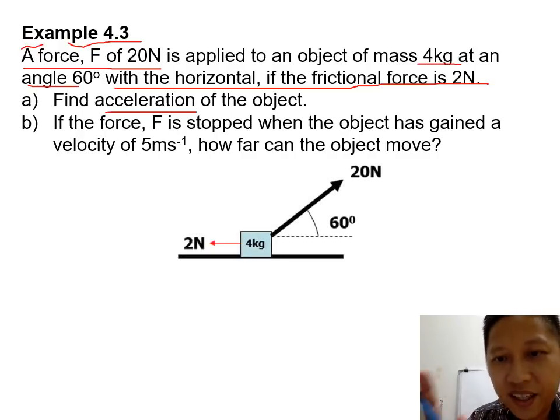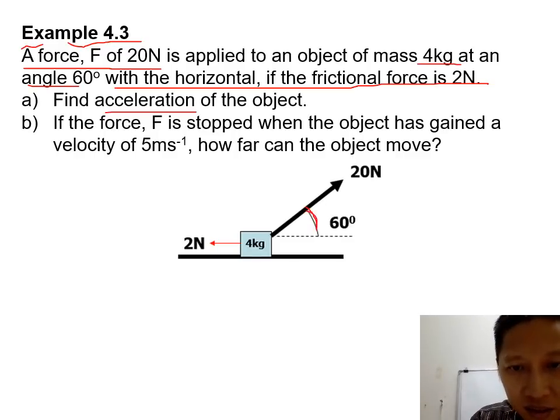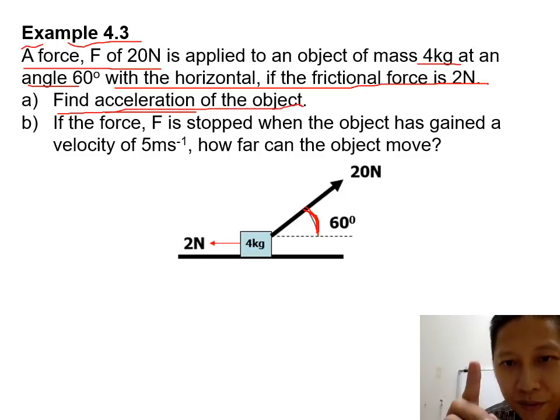For this case, we are doing two dimensions because there's an angle inside our problem. A. We want to find the acceleration of the object. We need to ask the first question: do we want to find the acceleration horizontally, vertically, or at 60 degrees?